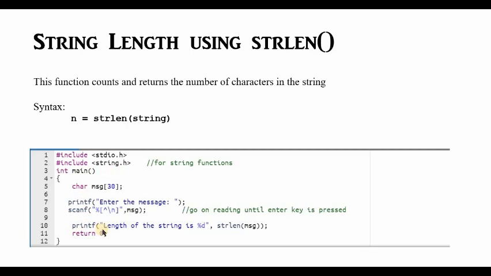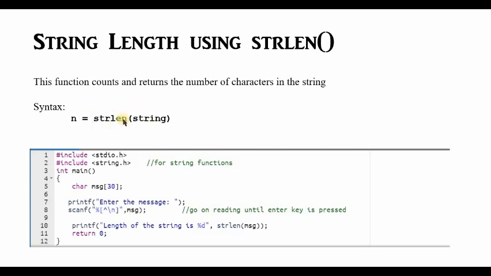Now in order to print the length of the string, first I read the message from the user, and then the length of the string can be printed as strlen of message. The format is like this. This is the name of the function, strlen, string length, and here you pass the name of the string whose length you want to find out.